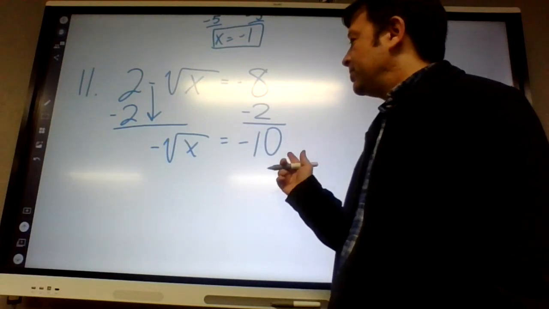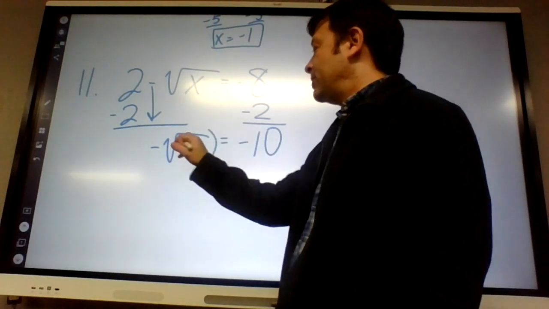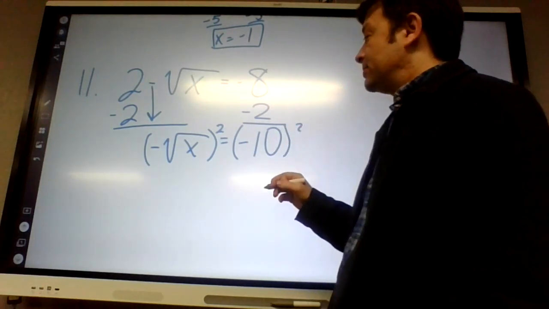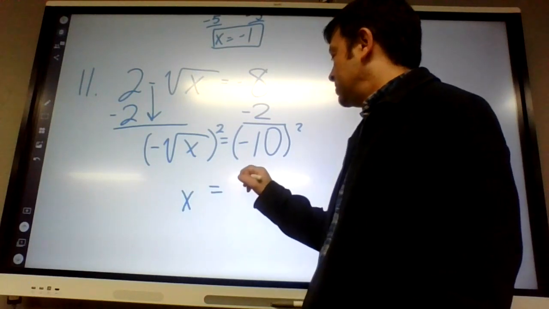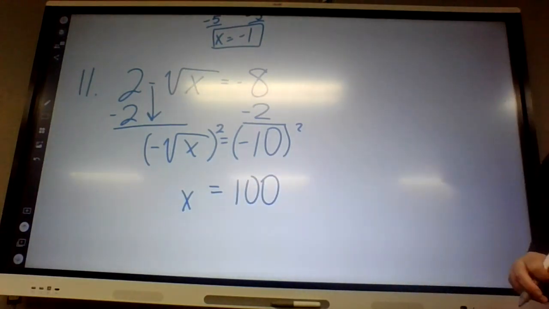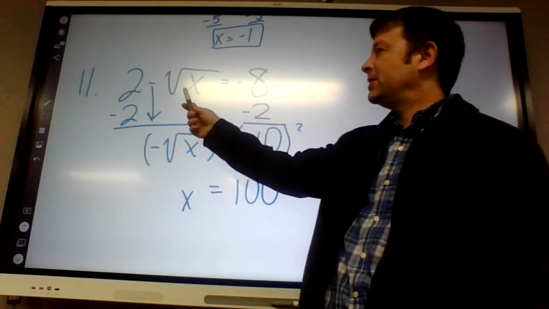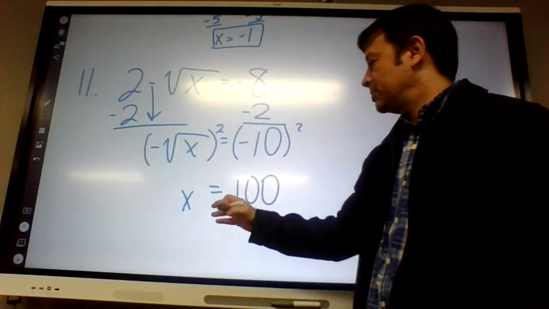So you could divide both sides by -1 and just get rid of the negatives, but if you square both sides, it would get rid of the negatives also. So it's just x equals 100. Does it actually work? What's the square root of 100? 10. What's 2 minus 10? -8. Yeah, it does work.